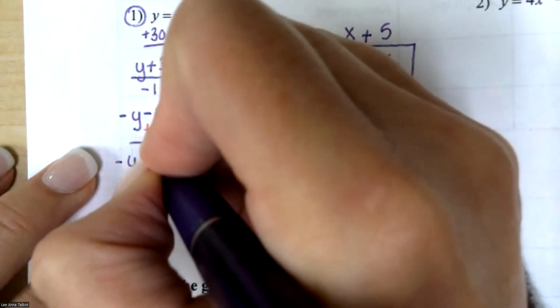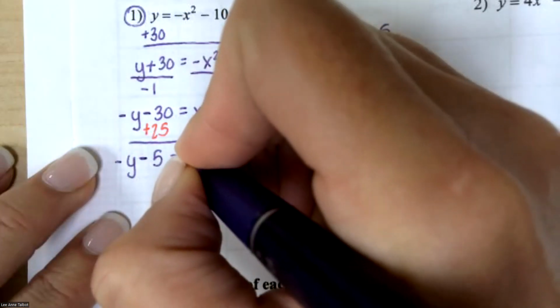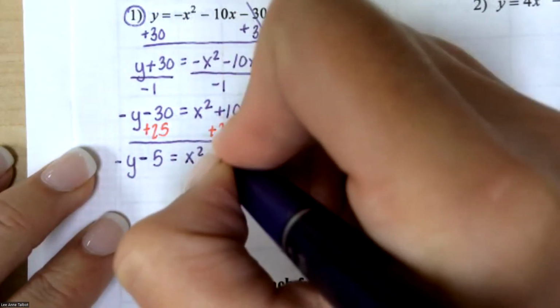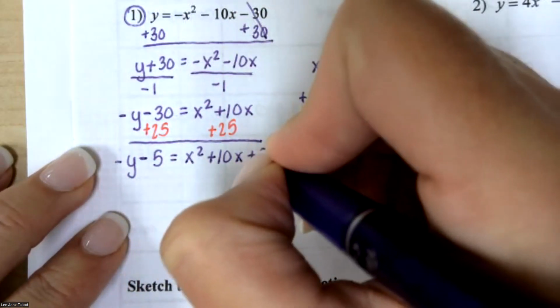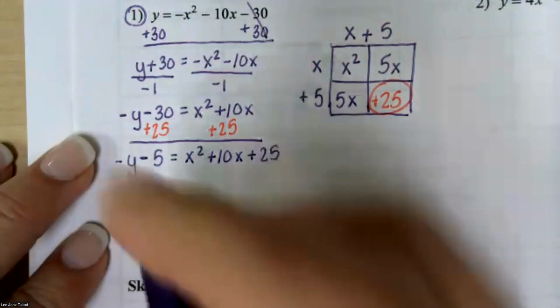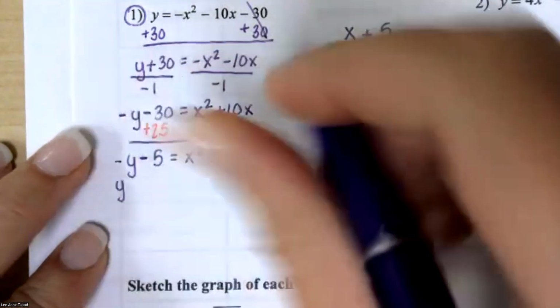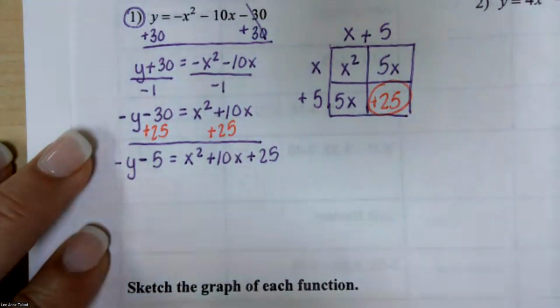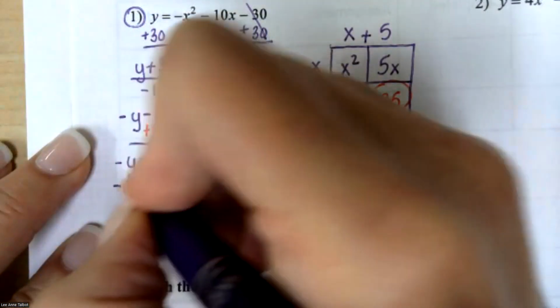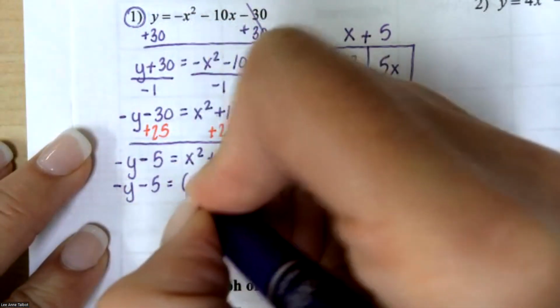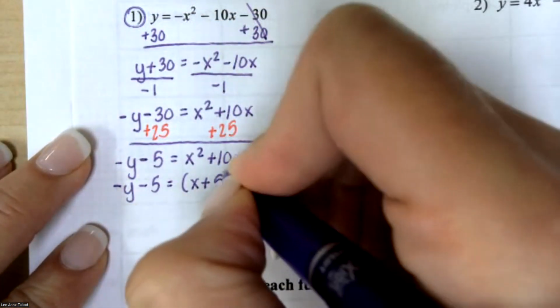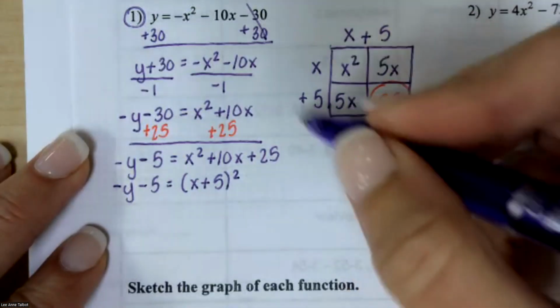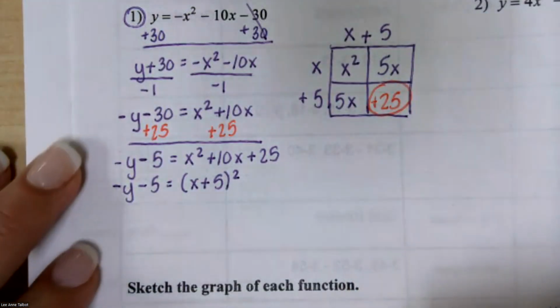-y minus 5 equals x squared plus 10x plus 25. You don't really have to write that step out if you know what you're doing, but since we're all here together. Okay, and then factor to the outsides of the box.